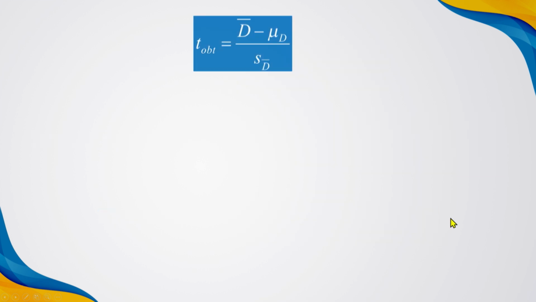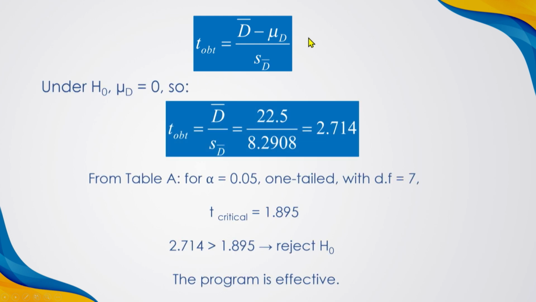After substituting these values, the t statistic formula is d bar minus mu d by s d bar, where mu d equal to 0 as per the null hypothesis. Therefore, the final formula is d bar by s d bar only.